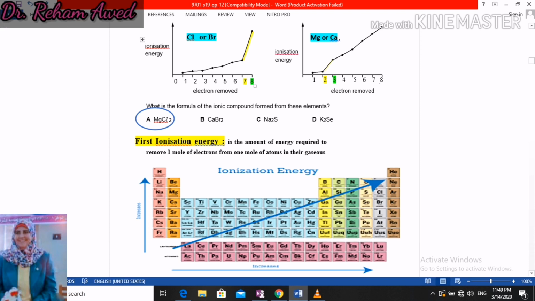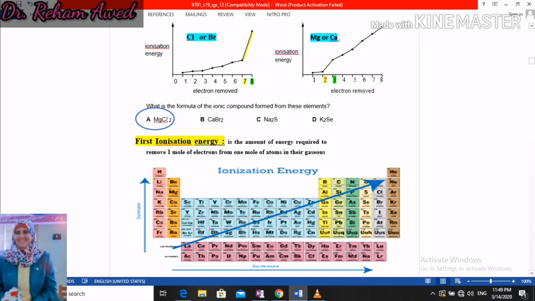The greatest jump in the amount of energy is related to removing electrons that are highly attracted by the nucleus. So when we talk about the highest jump between the 7th and 8th electrons, we are talking about halogens: fluorine, chlorine, bromine, iodine, and so on.